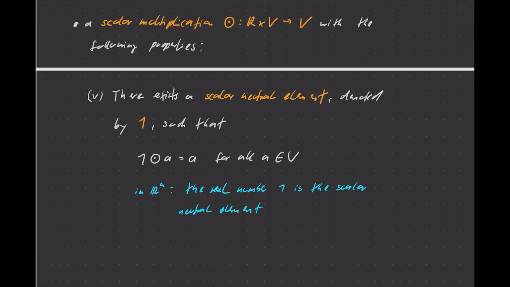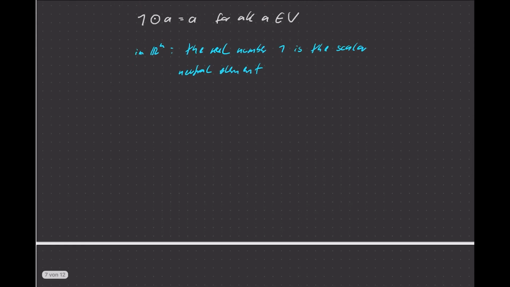And that is, of course, where the notation comes from, right? But again, for more abstract vector spaces, that might be different.